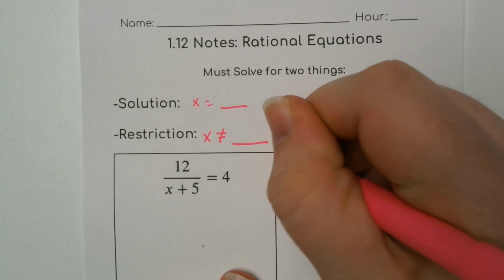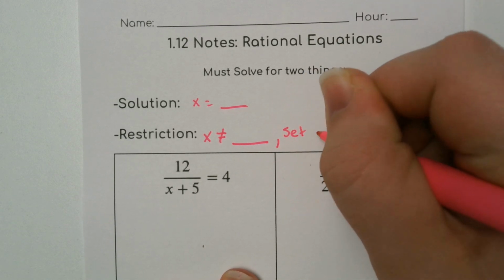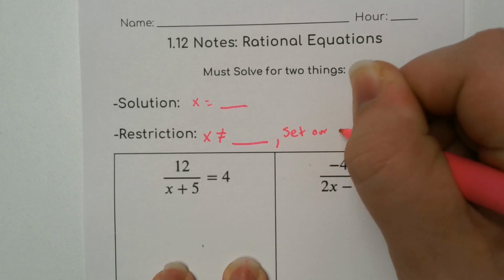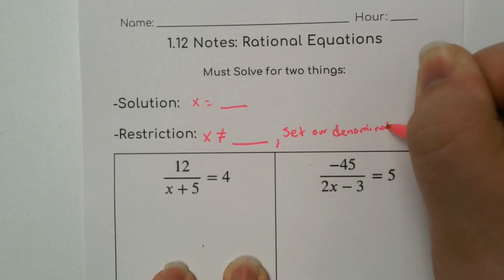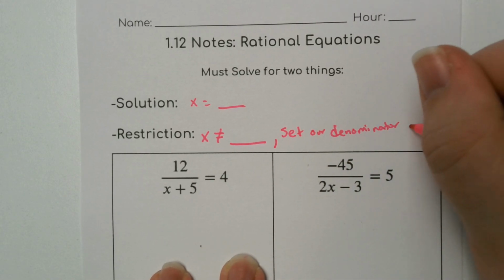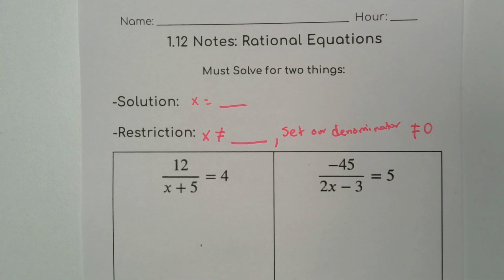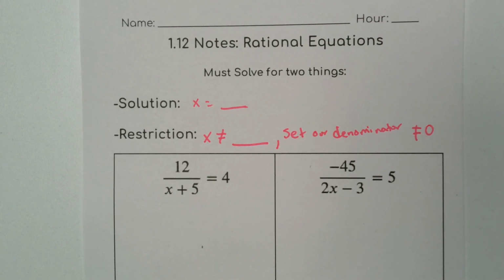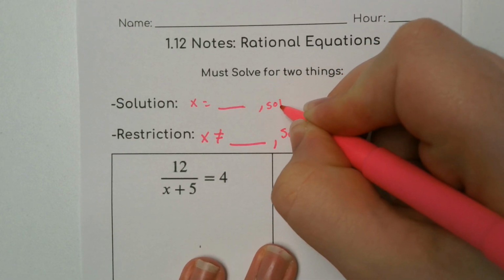When we do this, we set our denominator not equal to 0. If you want to write something up here, just write solve like normal.